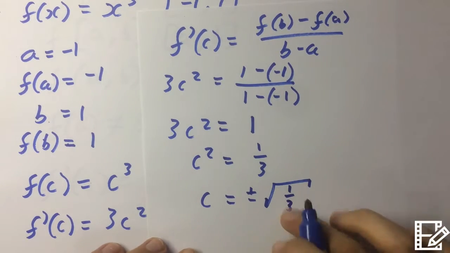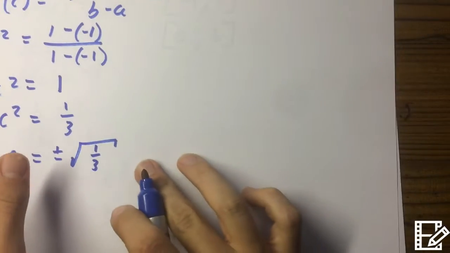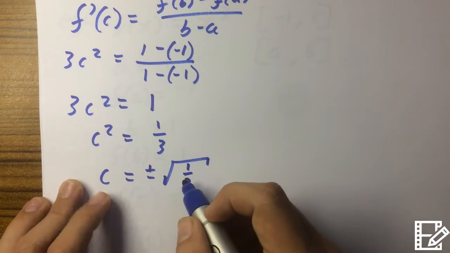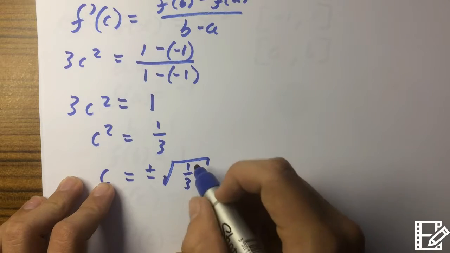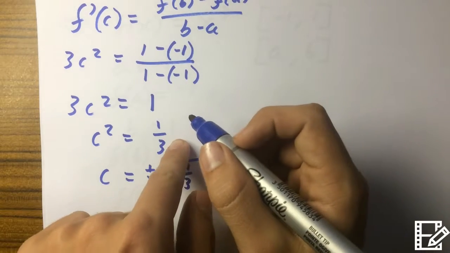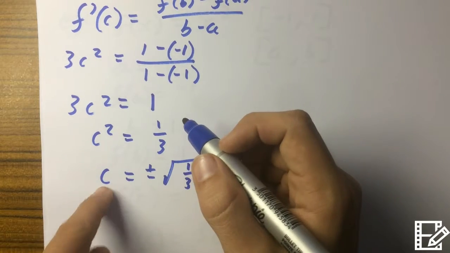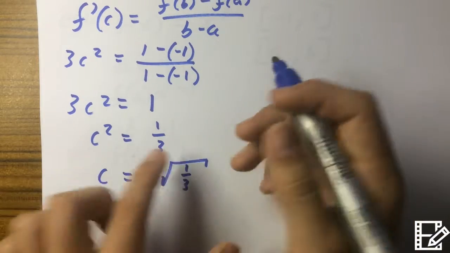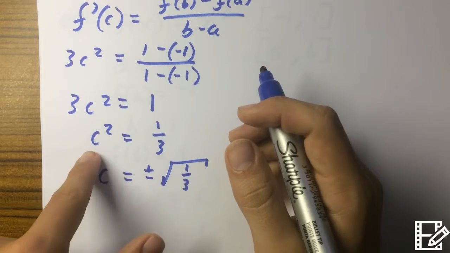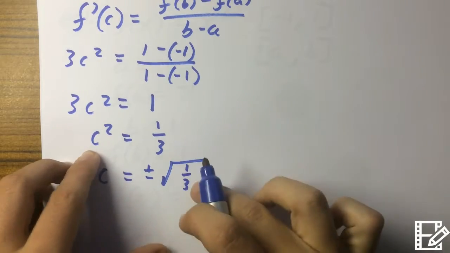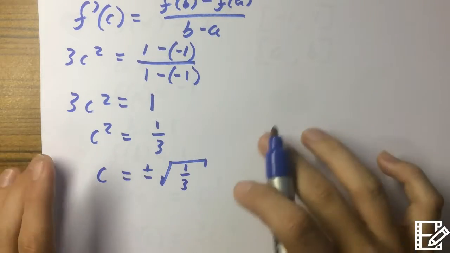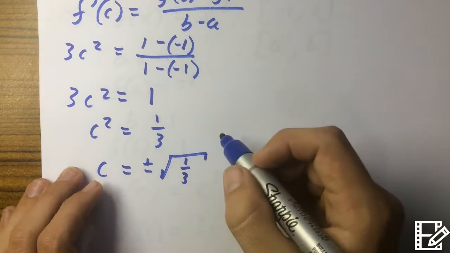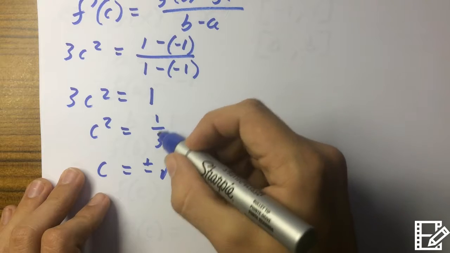Now the reason we do plus or minus, I've explained in a few videos, but not all of them, is that if you square a positive number, you will get this.